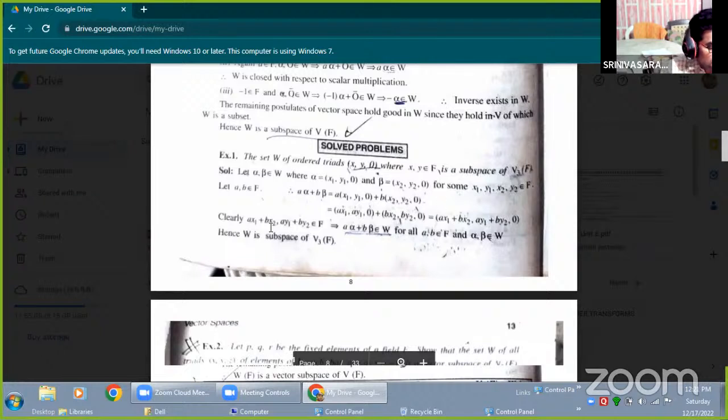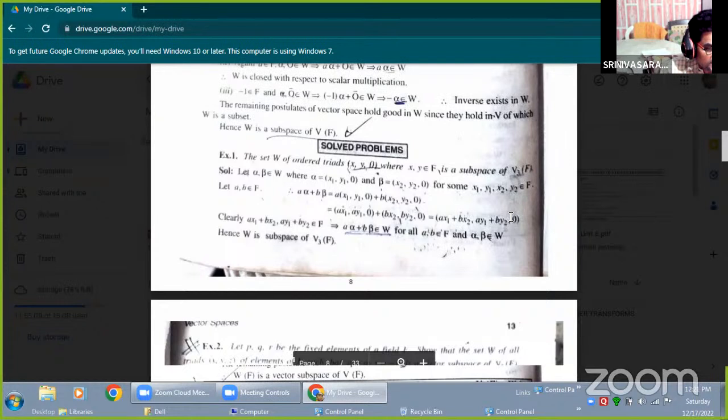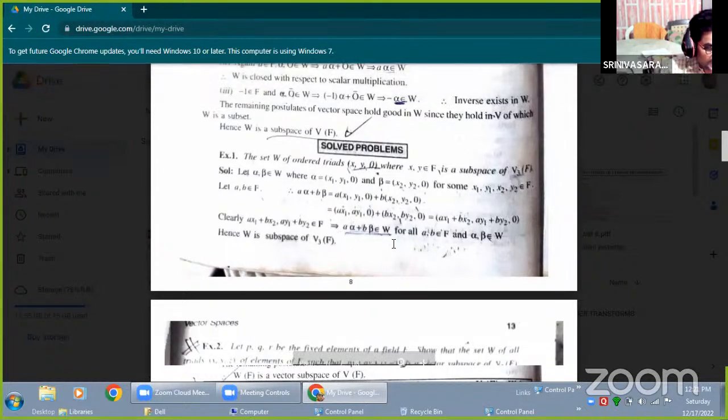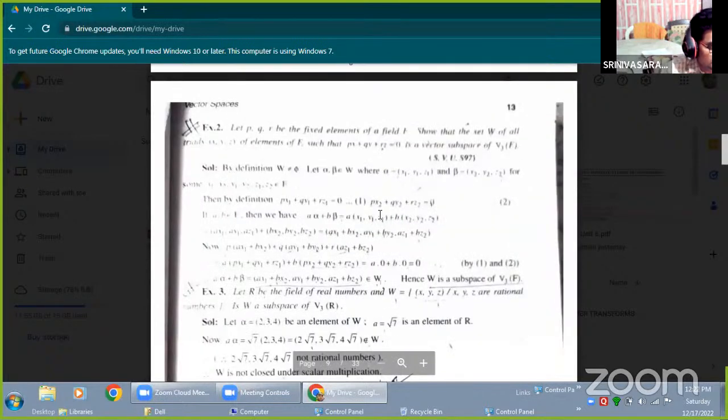So this is the x coordinate, this is the y coordinate and this is 0. Therefore, this is also a triad point because the z coordinate is 0. That's why the subspace condition is verified here. Therefore, a alpha plus b beta also consists of the same triad point. So this triad point is a subspace. This is one of the finest examples of a subspace. Just you have to see and refer.